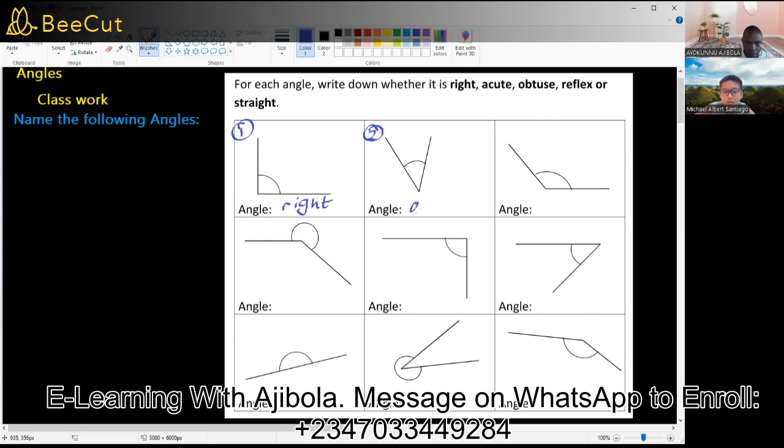Okay. Number three, what name should I write here? Obtuse. Okay, number four, what name should I write here? It looks like an obtuse angle. Obtuse, right?